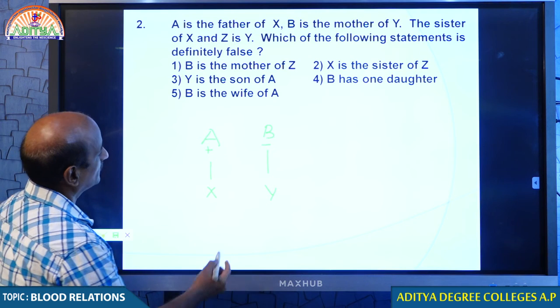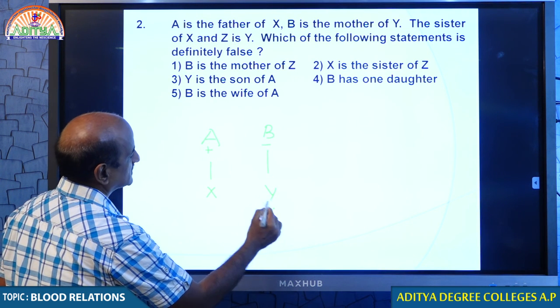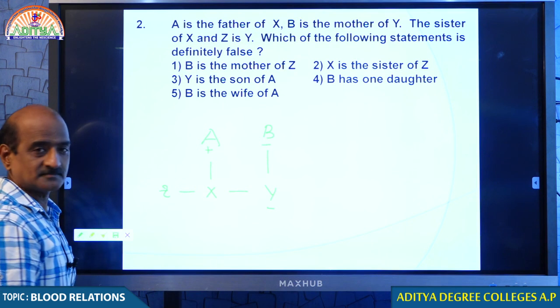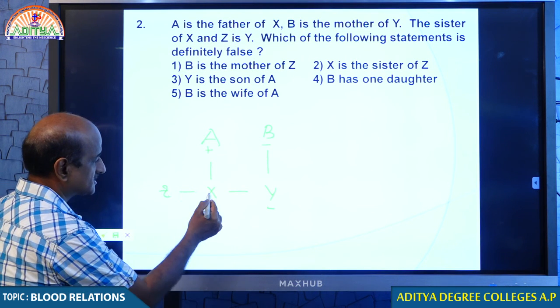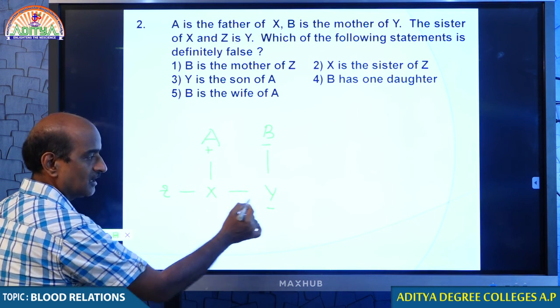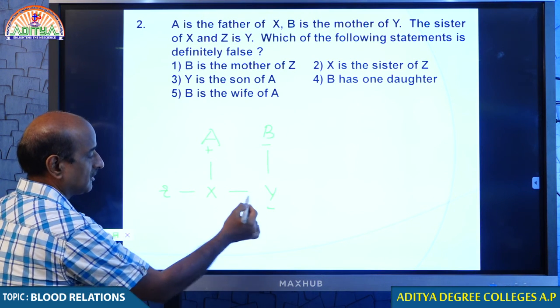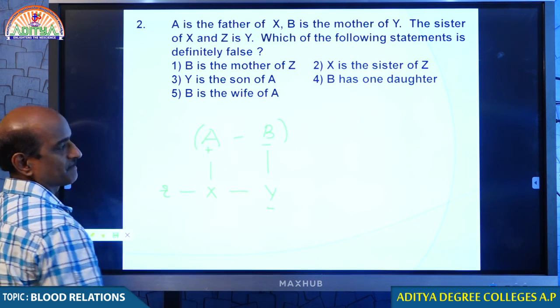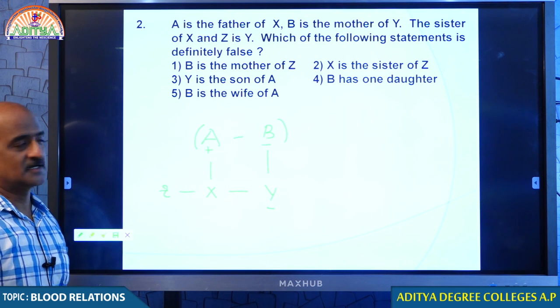The sister of X and Z is Y, which means all three are siblings. And when all three are siblings, these two people should be a couple. I think you understand this.